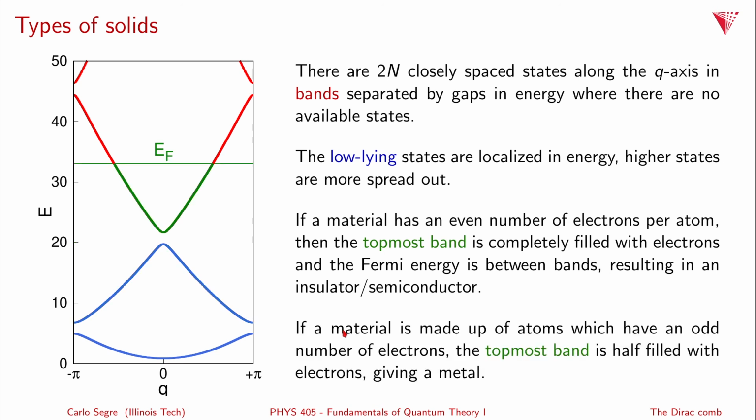If a material is made up of atoms which have an odd number of electrons, then the topmost band is going to be half filled with electrons. Now, this can give a metal. So, in this case, if I apply my electric field in the negative direction, momentum will be in the positive direction. This whole green filled band will shift a little bit this way.